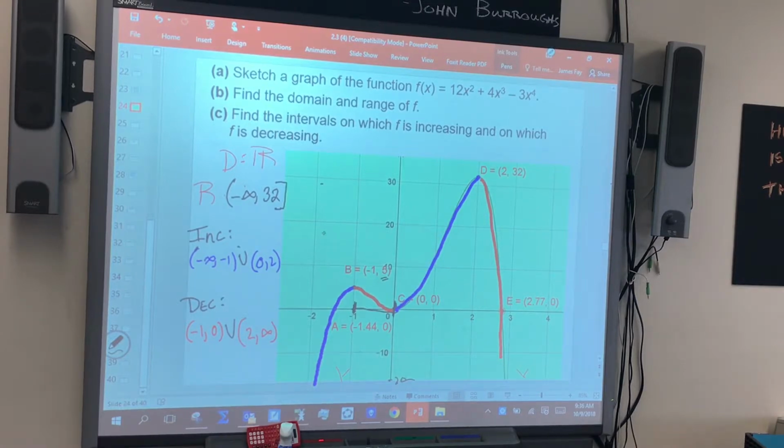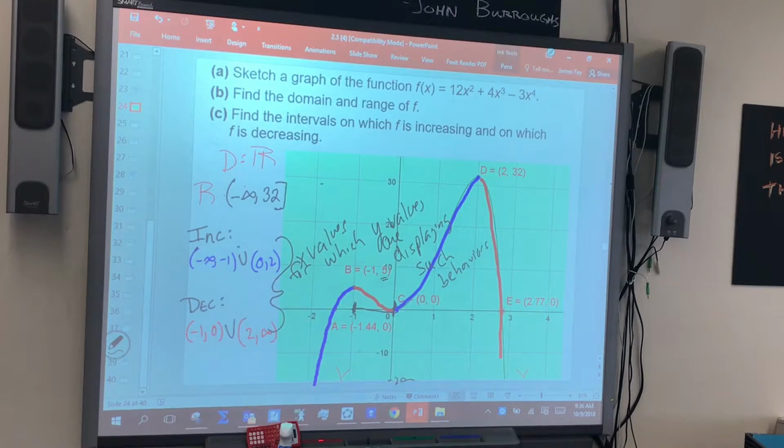Okay. So remember, these are x values for which y values are displaying, this is terrible writing, displaying such behaviors.